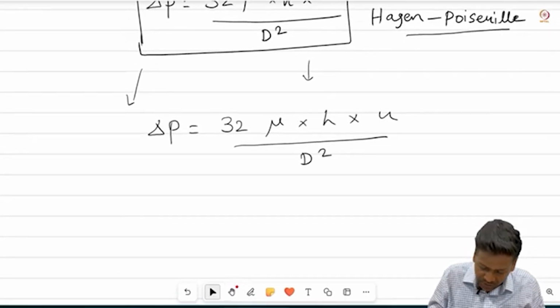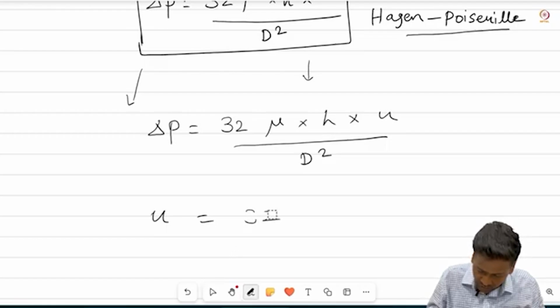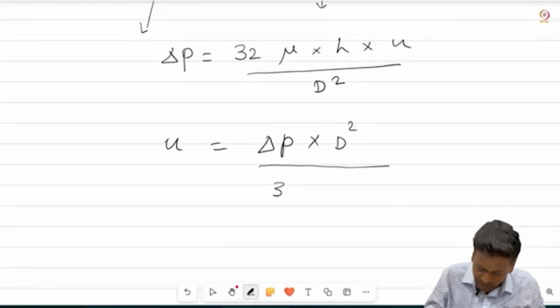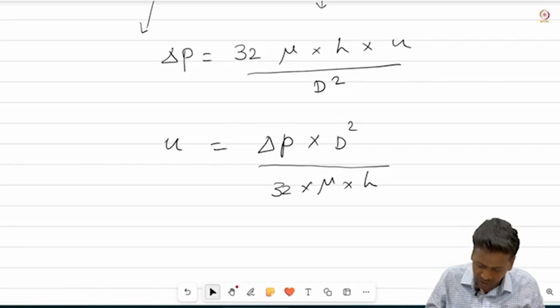We can write this equation in terms of U, which is nothing but delta P into D square divided by 32 into mu into H, right?